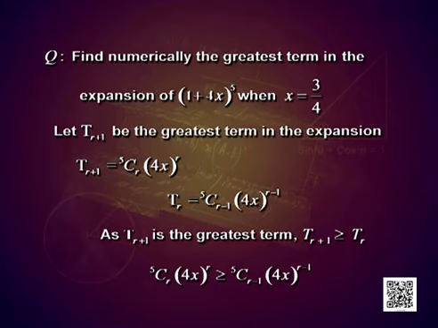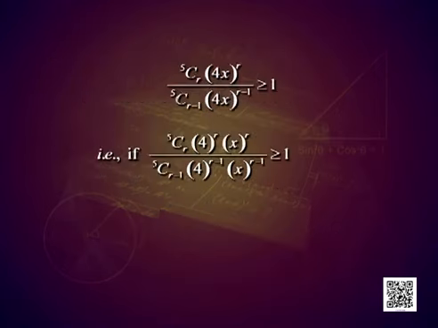So, I get a start by comparing T r plus 1 and T r. If T r plus 1 is to be greater than or equal to T r, it will mean that 5Cr (4x) whole to the power r must be greater than or equal to 5C r minus 1 (4x) raised to the power r minus 1. So, from here I have to figure out what this r possibly can be.